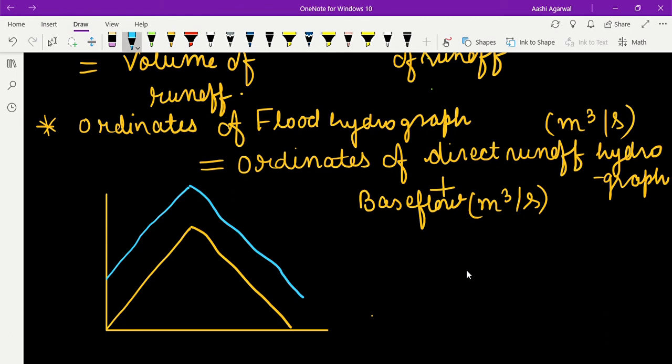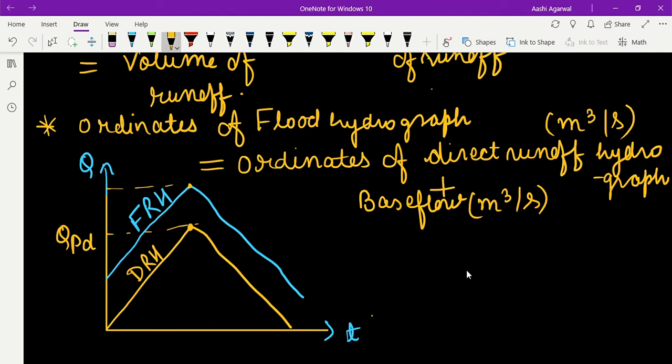So this is the peak value, let's say. This is discharge versus time. The first one, the blue one, is the FRH and the yellow one is the DRH. Now let's say this is the maximum value of the discharge. So this is QPD, that means for DRH, and this is QPF.